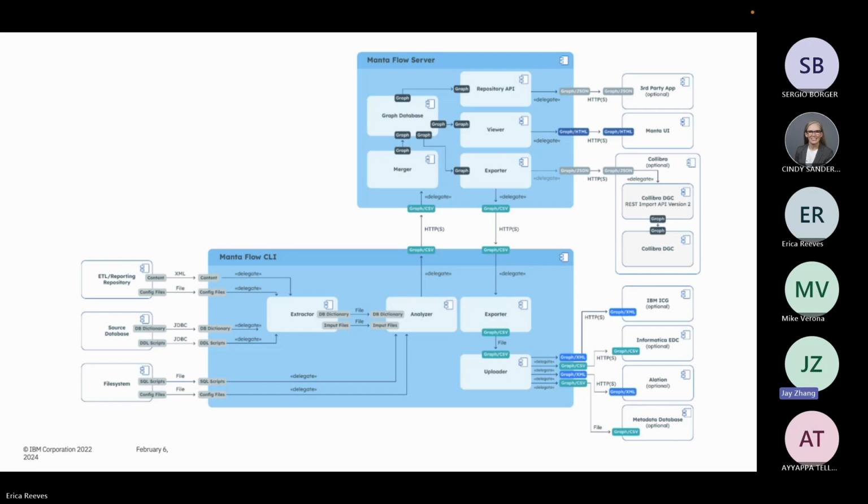If you have a service partner who is heavy in the data integration space, not necessarily on DataStage, they can use a competitor offering like Informatica or Talend, and they can use a data catalog from Collibra. Manta can still play an important role.